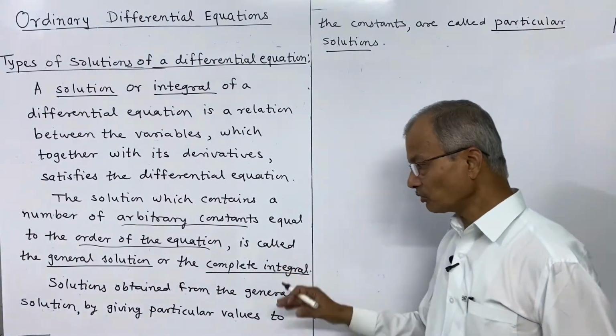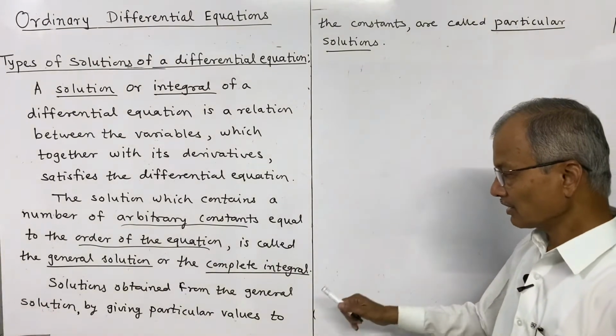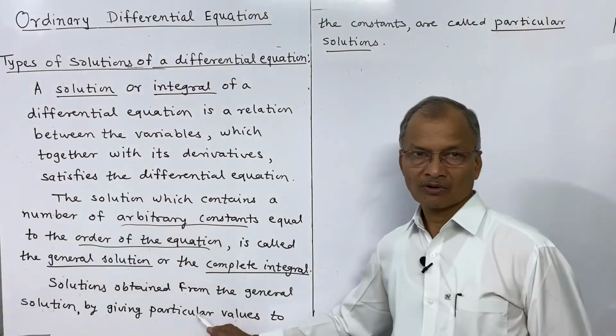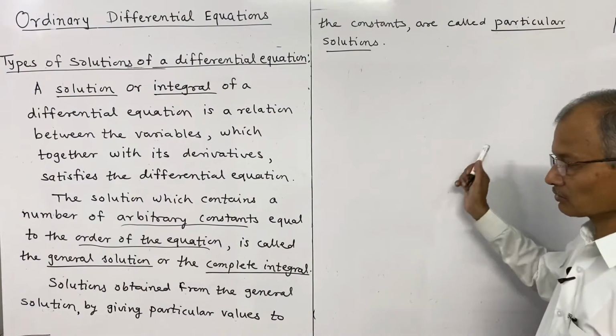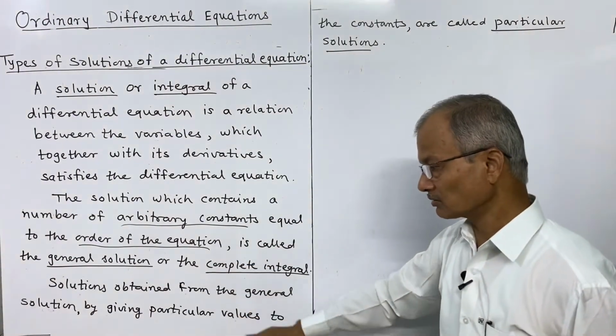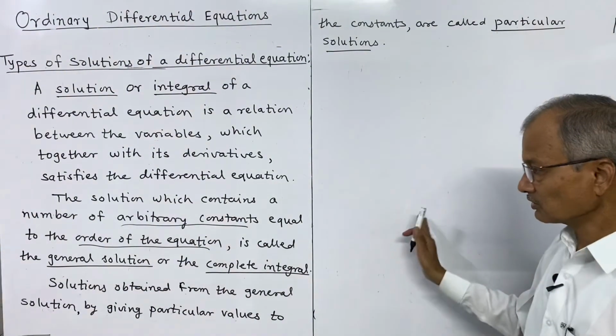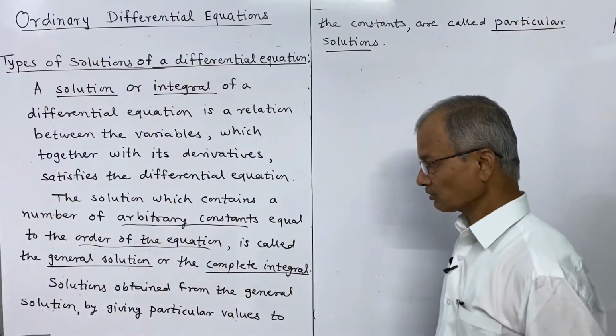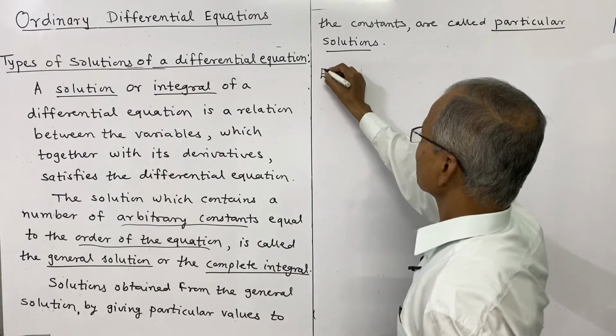If you put the values of the constants, the general solution becomes a particular solution. That means the particular solution is obtained from the general solution. So we consider an example.